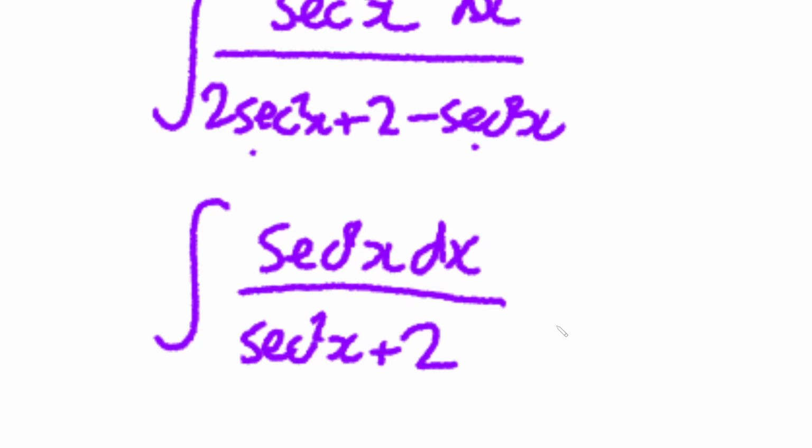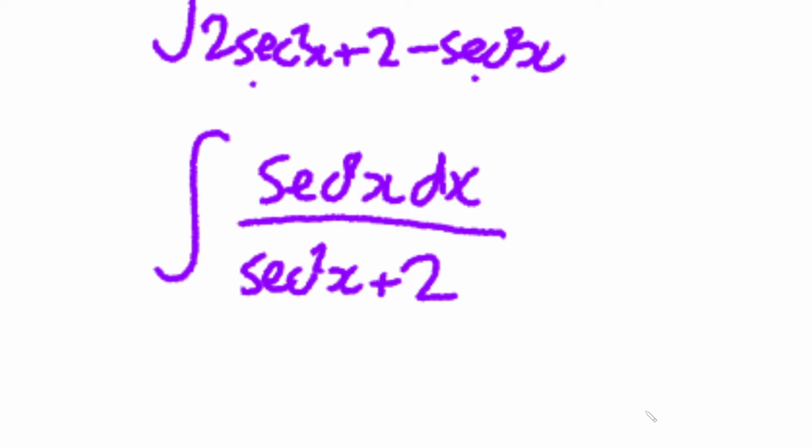If you are familiar with your trigonometric identities, this may be a fairly easy integral for you to do at this point, because you may recognize that secant squared x can be split into a one term and a tan squared x term. That's actually quite a useful tool.